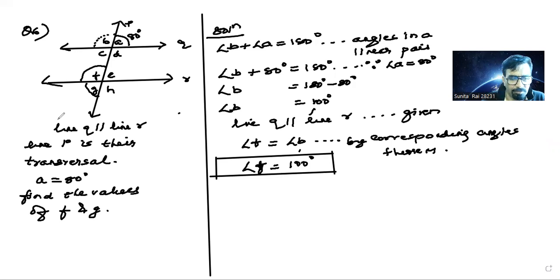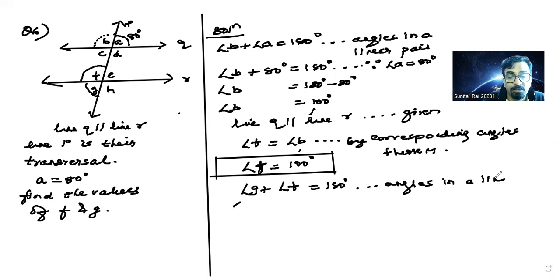Next, I want G, children. How can I get G? You can see here, angle G plus angle F is equal to 180 degrees. They are a linear pair, children. Angles in a linear pair. Therefore, angle G plus 100 degrees is equal to 180 degrees.